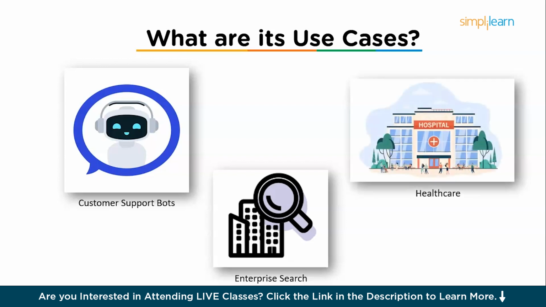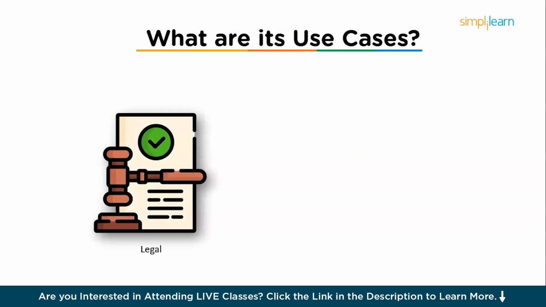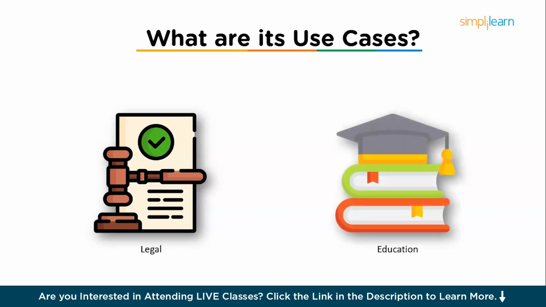Then we have healthcare. Doctors can ask about treatment guidelines, and RAG pulls information from recent medical research papers. Then we have legal. Law firms can use RAG to find and summarize case laws from a massive legal document repository. Then we have education. Students can ask questions and then AI finds the best answer from the textbooks or notes.